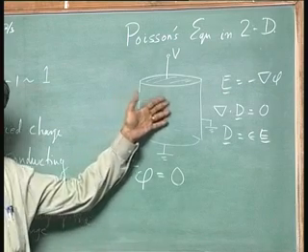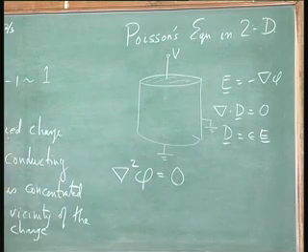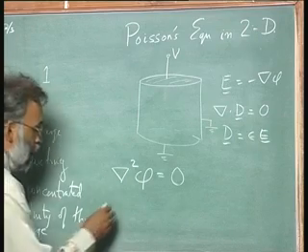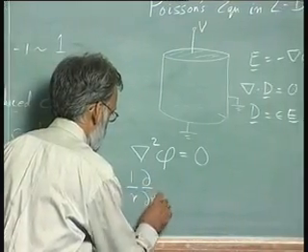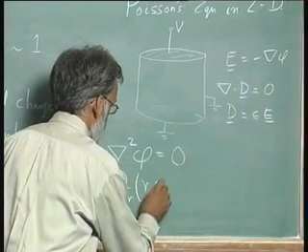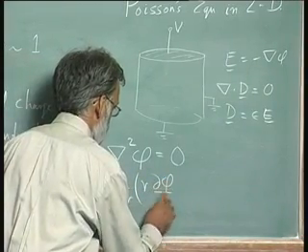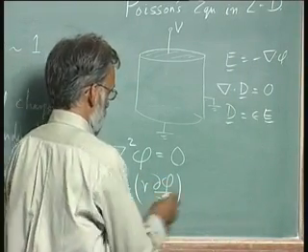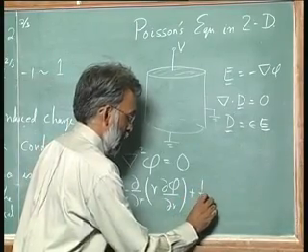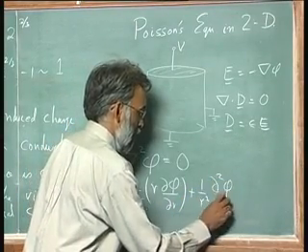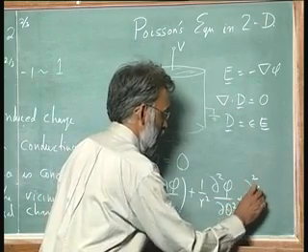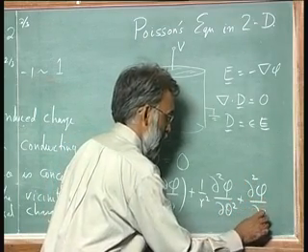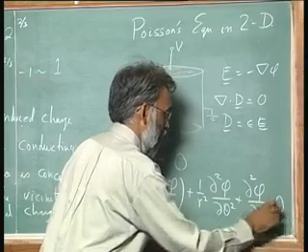Now, this is to be written in cylindrical coordinates, it is not in Cartesian coordinates. So, the equation looks like 1 over r partial derivative with respect to r of r del phi del r plus 1 over r squared del squared phi del theta squared plus del squared phi del z squared is equal to 0.